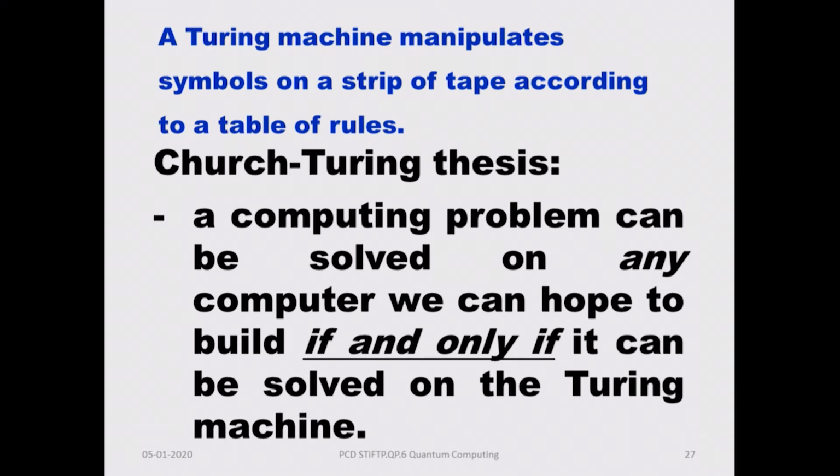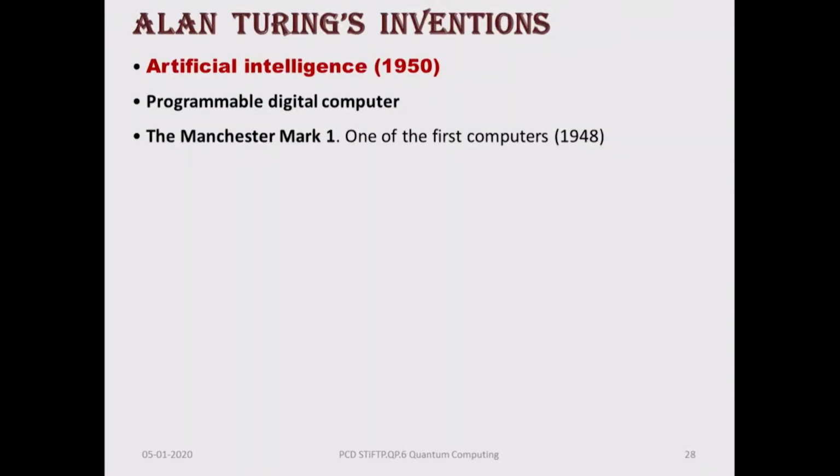So, what the Turing machine does, it manipulates symbols on a strip of tape according to a table of rules. It is not necessarily a machine, but it is an idea, it is a logical set of ideas which can be implemented. And Turing made some great inventions which led to the field of artificial intelligence as we know it now, which is making a huge difference to technology.